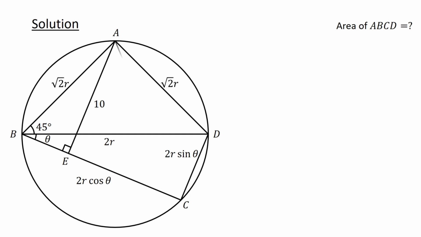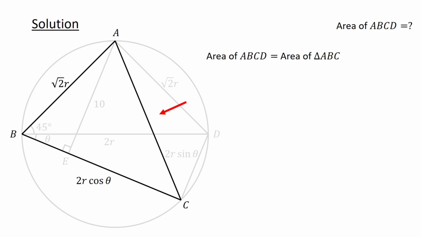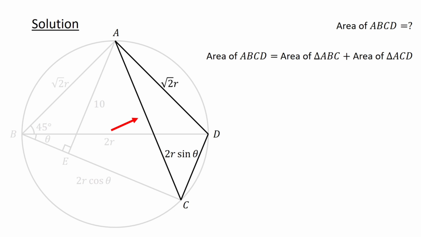Next, connect A to C. The area of ABCD is then given by the area of triangle ABC, which is this triangle, plus the area of triangle ACD, which is this triangle.